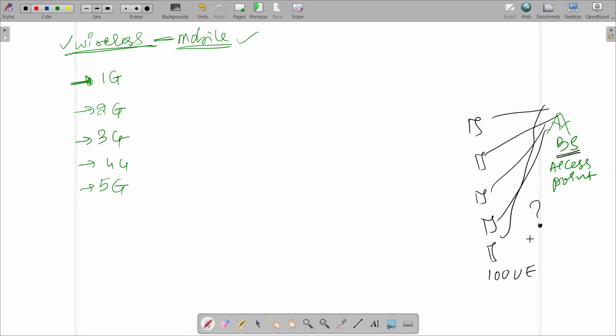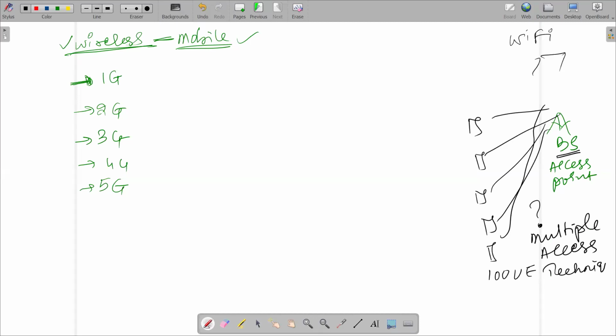So there is a concept called multiple access techniques. Multiple mobiles or multiple devices are able to communicate with a single access point. For example, Wi-Fi is the same thing.